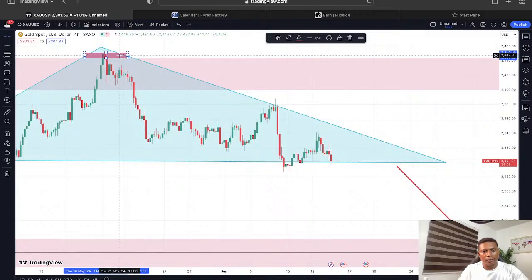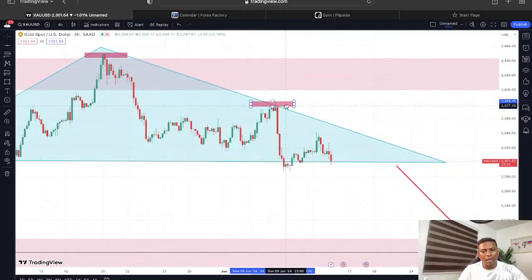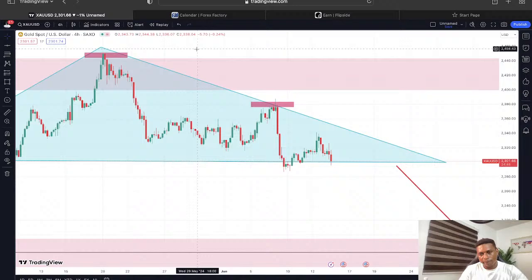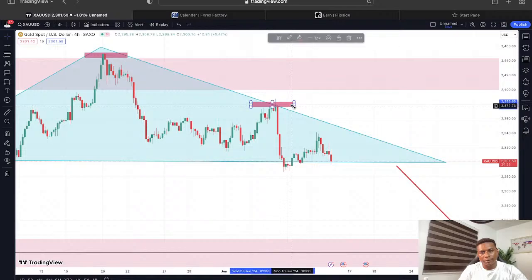This is a high here, and this is another high here, but this high is lower than the previous high, and the market created another high again.